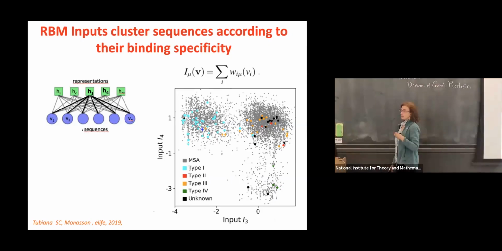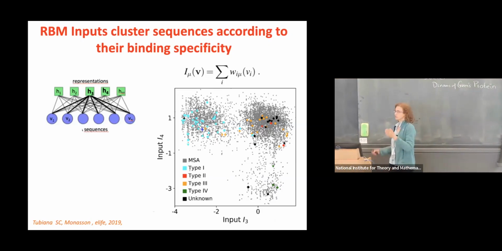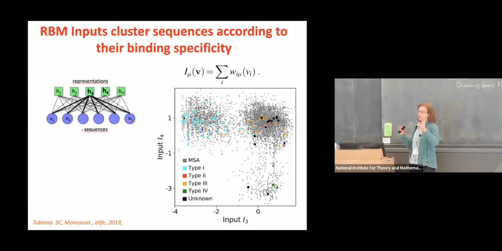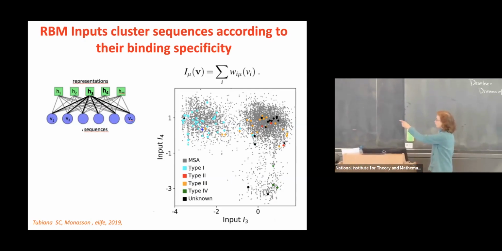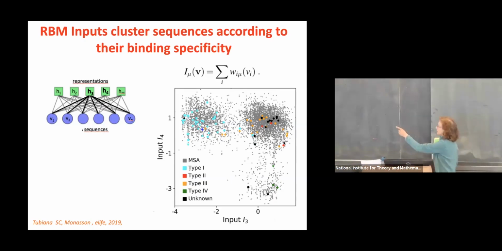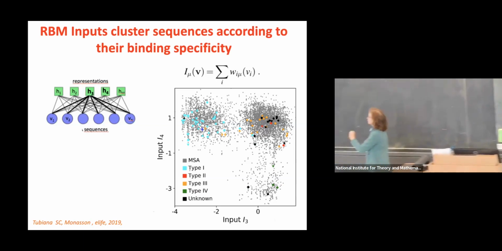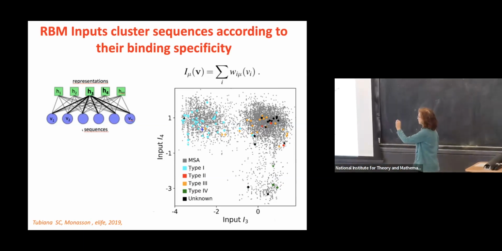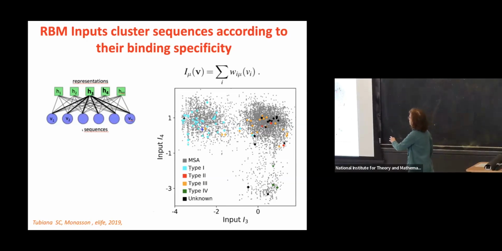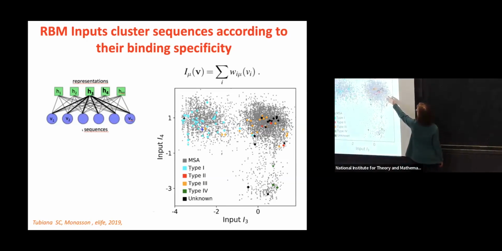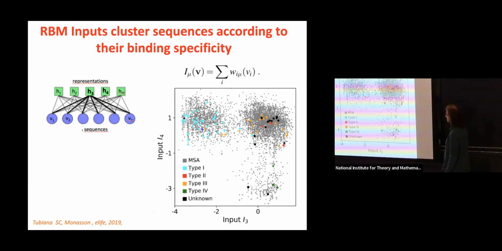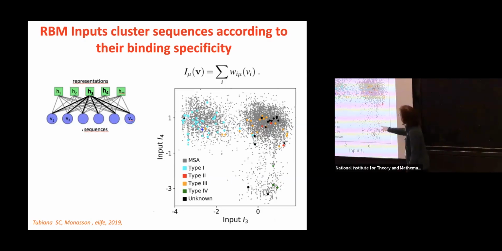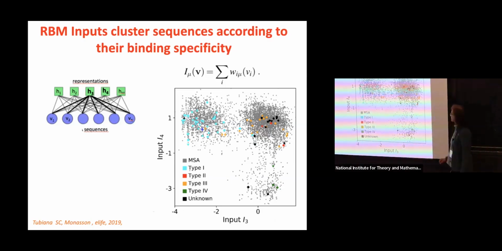And when you project the sequences on these 2 hidden units, you cluster them according to the specificity. So here are all the natural sequences, and the colors correspond to the ones which have been annotated, so which are known to be of type 1, 2, 3, or 4. You see that type 2 and 3 are not very well distinguishable, but type 4, there are very few annotated sequences.